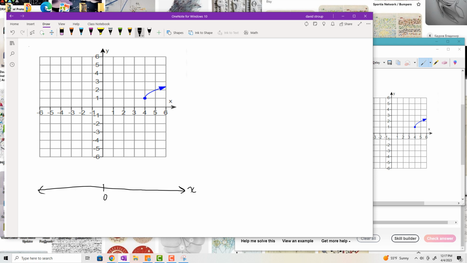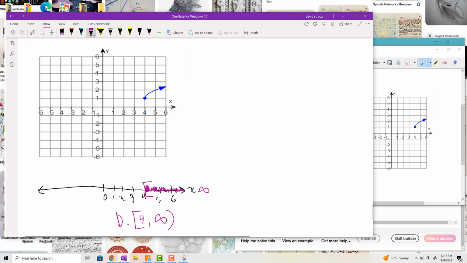So here we have 0, 1, 2, 3, 4, 5, 6, and there's a closed dot at 4. So it's going to start there at 4 with a closed dot, in other words, a closed bracket, a square bracket, and then that little arrow means it just goes on and on forever. So the domain is going to go from square bracket 4 on and on forever. That means it goes to positive infinity, and with the infinity symbol, you always use an open parentheses.